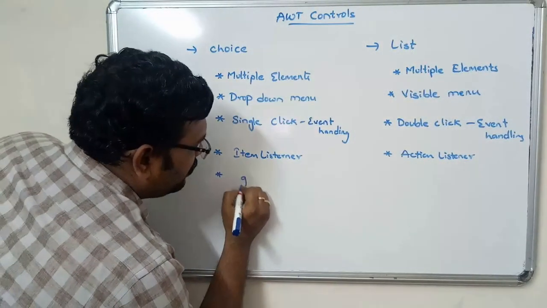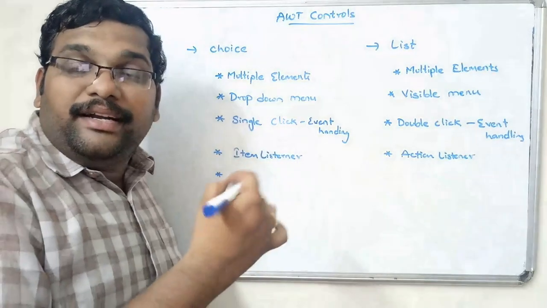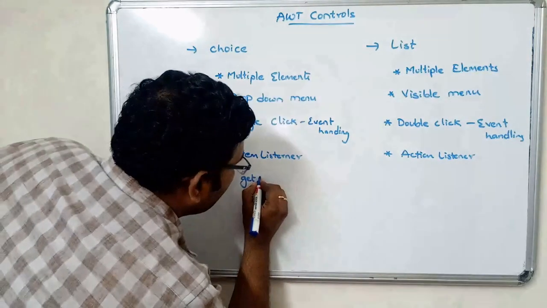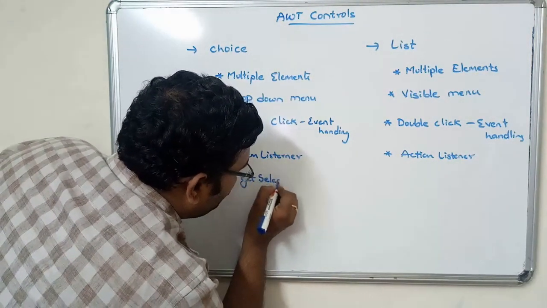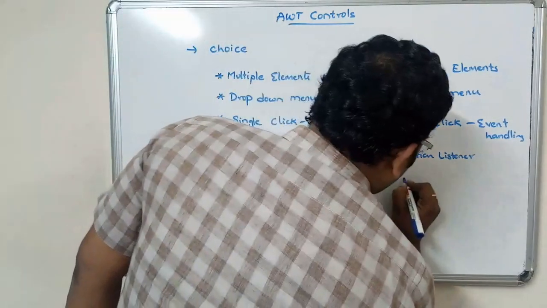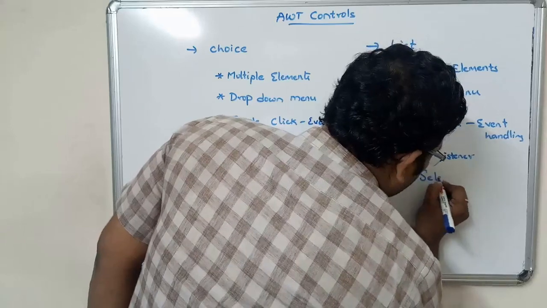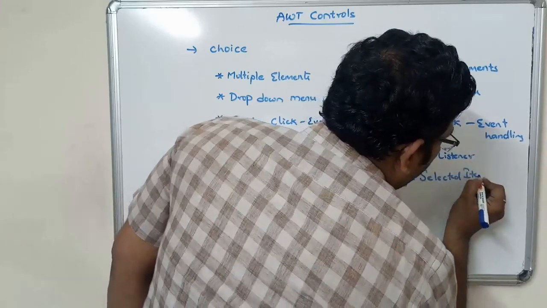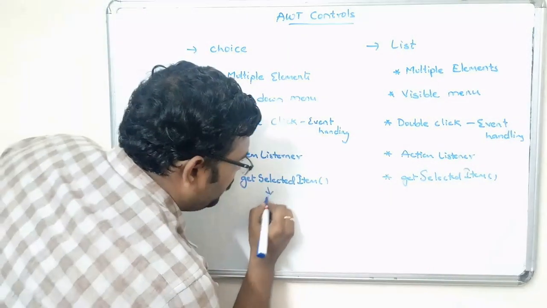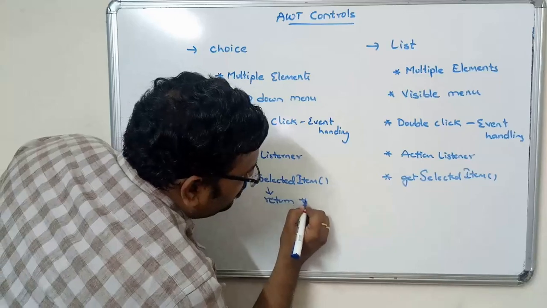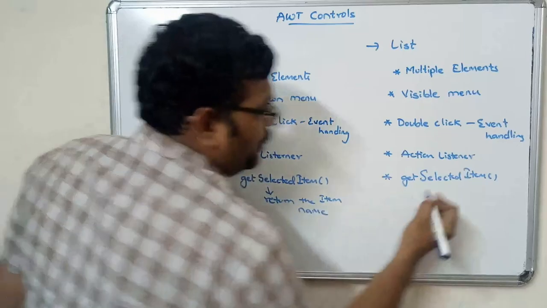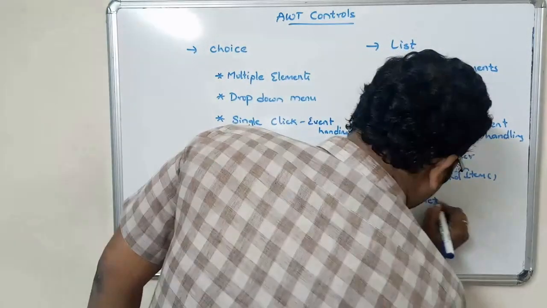To retrieve the selected item, there is a method called getSelectedItem, here also the same, getSelectedItem. This method will return the item name.